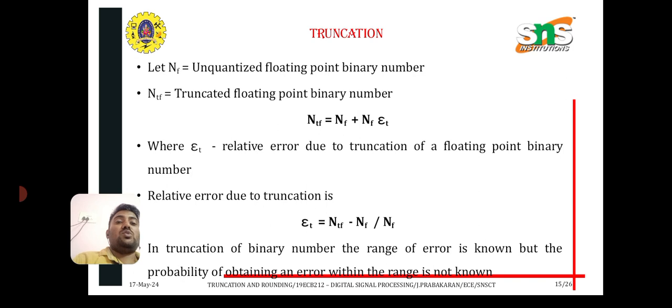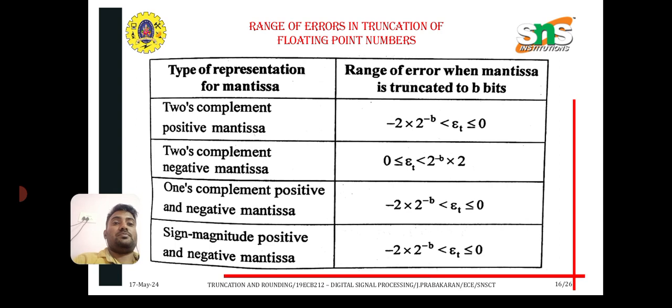The relative error due to truncation is epsilon_t equal to N_TF, the truncated floating point binary number, minus the unquantized floating point binary number, divided by the unquantized floating point binary number. Also, here you can see the range of errors in truncation of floating point numbers.